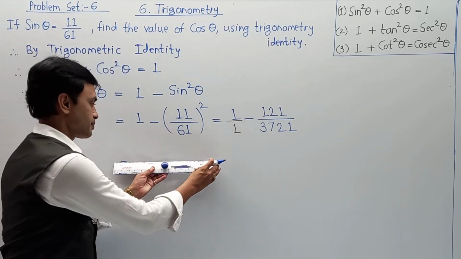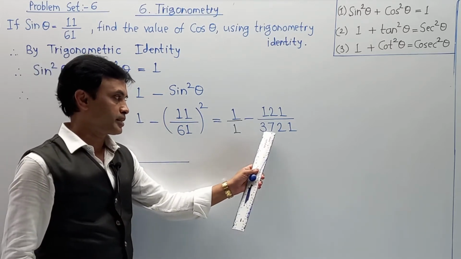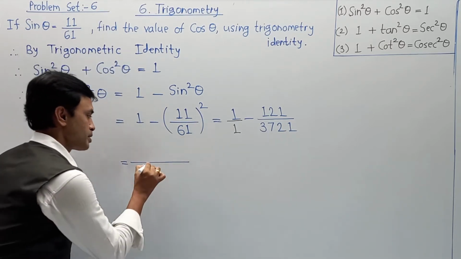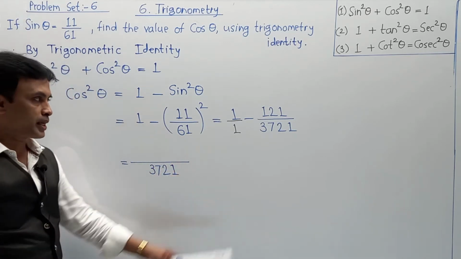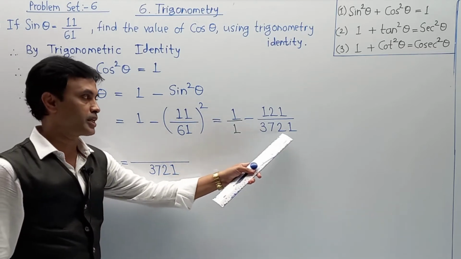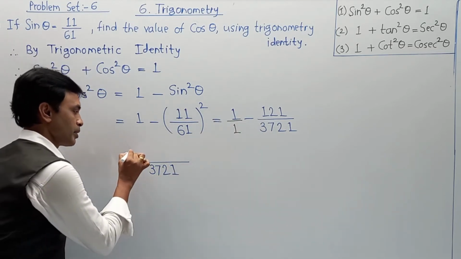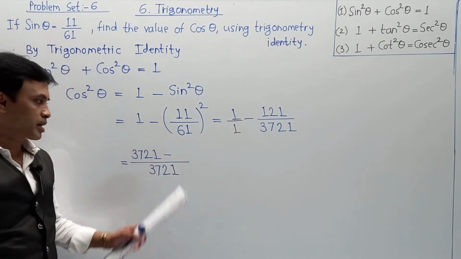Here 3721 into 1 means the base becomes 3721. Next, 3721 into 1, cross product we are doing over here. 3721 into 1 becomes 3721 minus. Why minus?